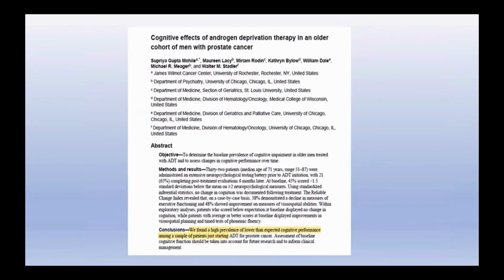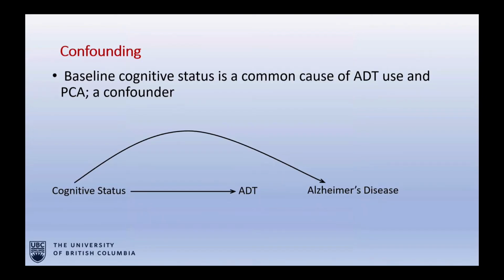And now we also know that in these men, cognitive performance is a confounder. And in fact, studies have shown that the cognitive performance of men using ADT may actually be lower than those not using ADT. So then cognitive status is definitely a confounder that has to be adjusted for in this study, which was not in that previous study.